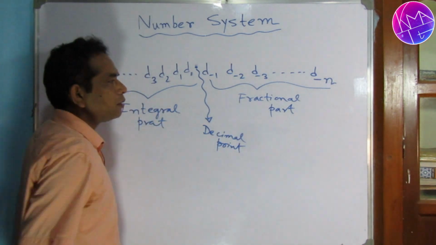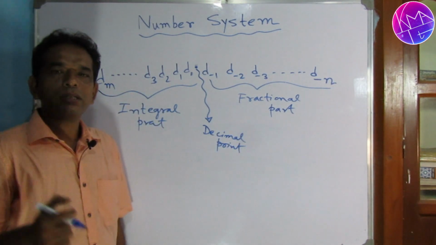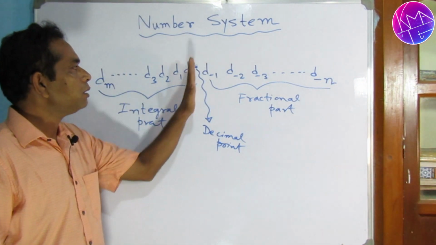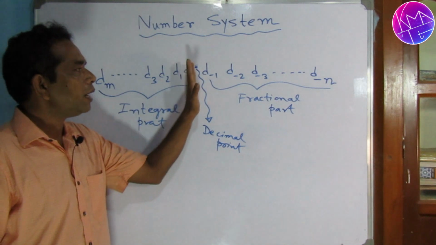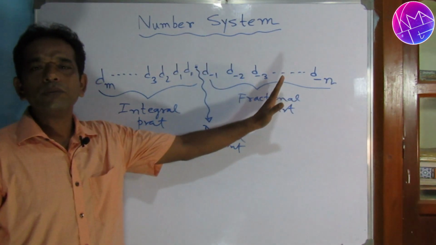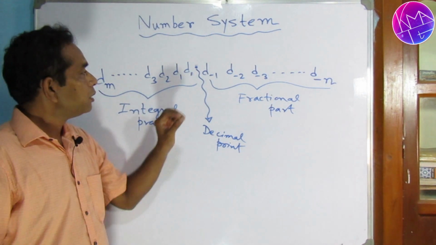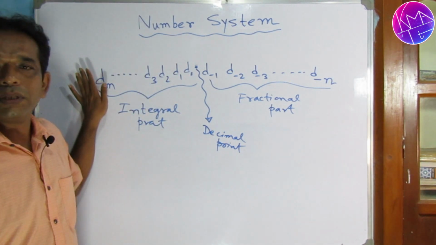So any number can be generally represented in this form. If we are writing an integer number, then this decimal point and the fractional part would be absent. If we are writing a fractional number, then this integral part will be absent.